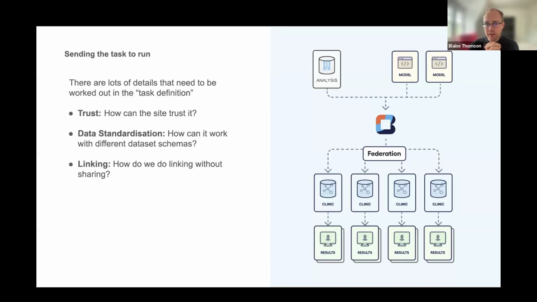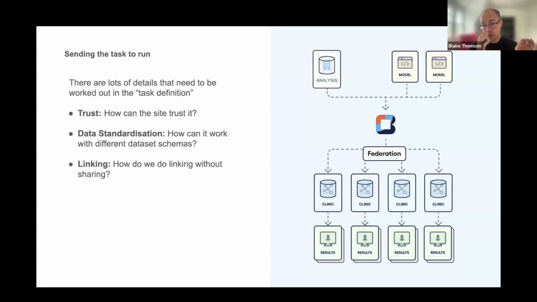And then a final thing that I think has been a real challenge in these federated settings is the linking question. This doesn't happen a lot when you've got different clinics looking at different patients, but in research, you often have situations where you have data about the same people, but it has to be stored separately.